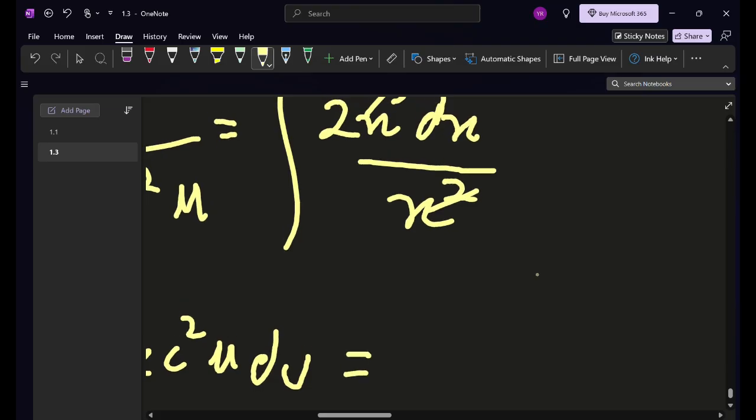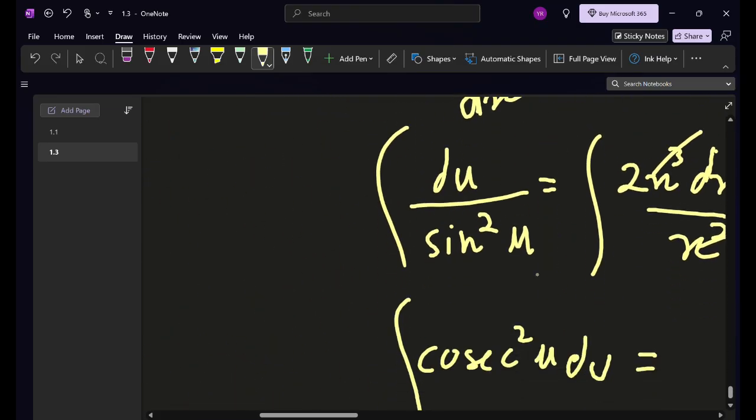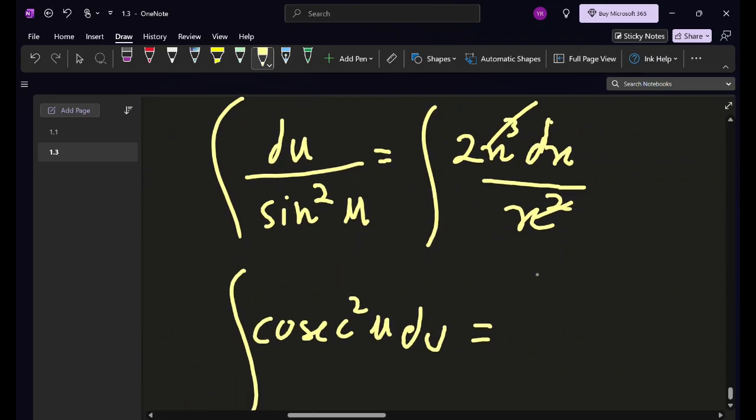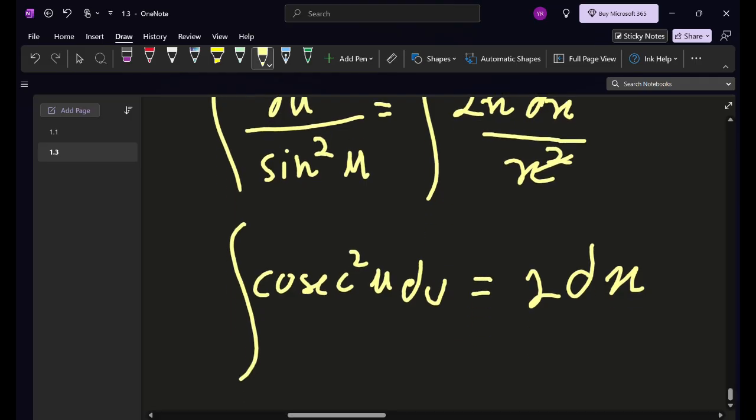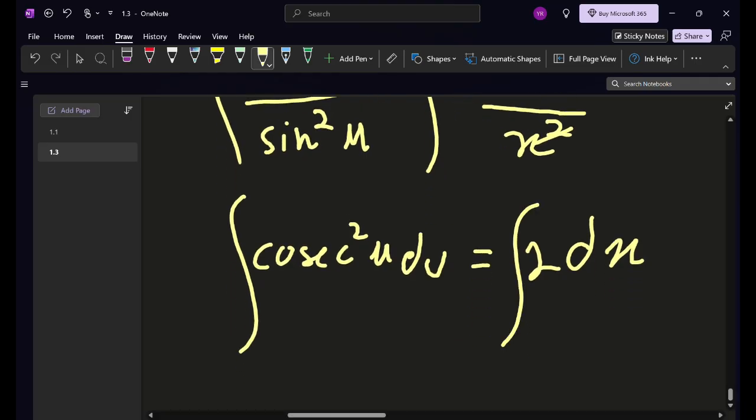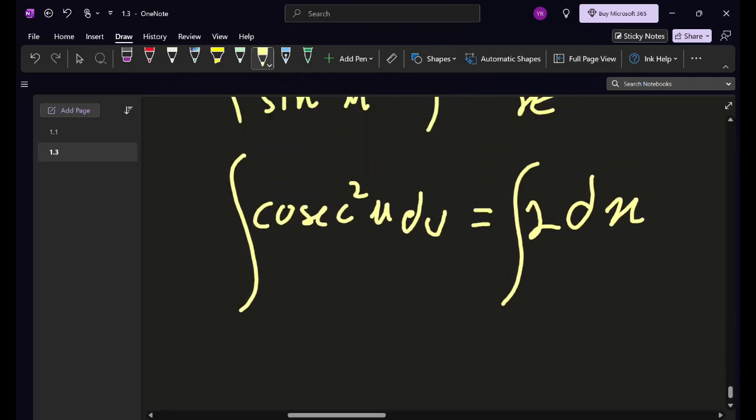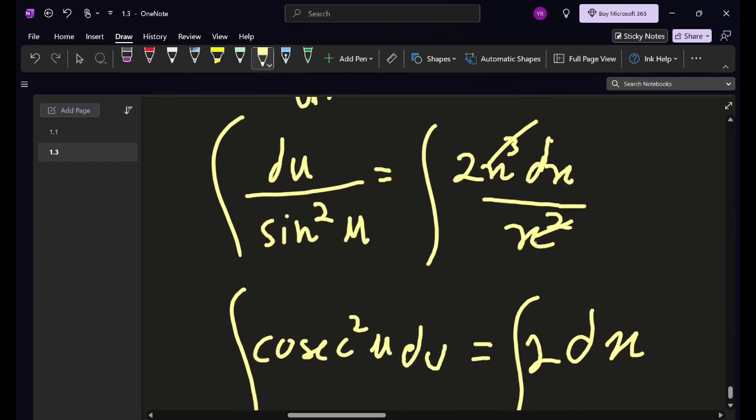So this is gonna be equal to integration of 2x dx.